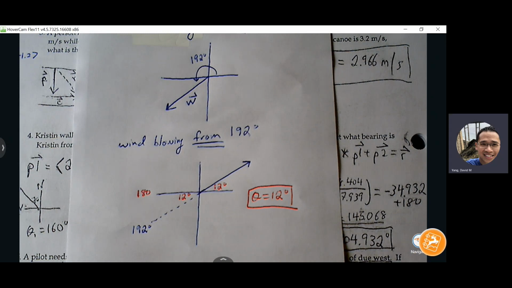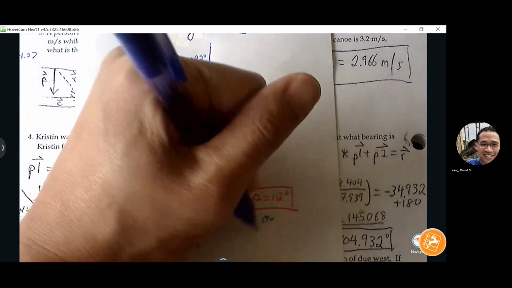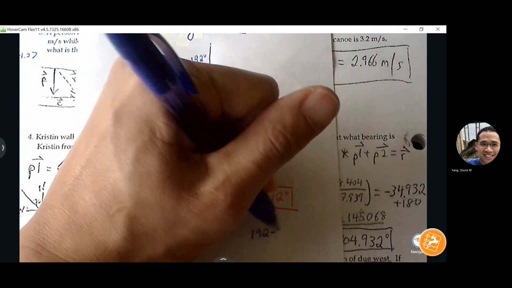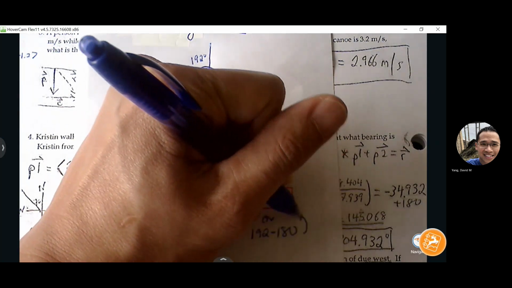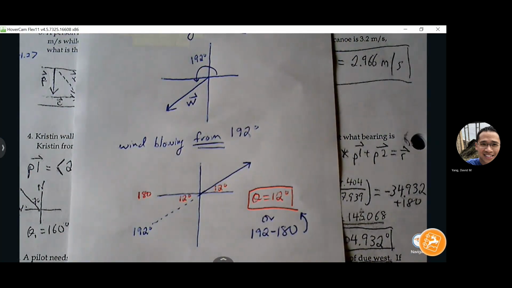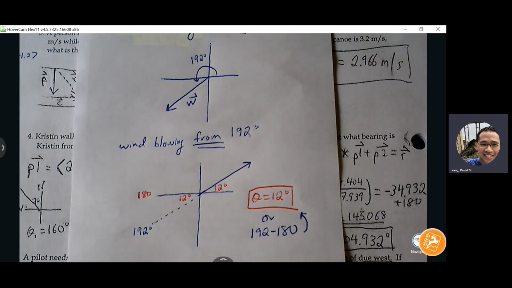I'm just adjusting to go the completely opposite direction. So that's what's different here. The wind blowing from 192 is telling you that you want to use theta equals 12 degrees. Try that and see if you can use it to set up number 5.